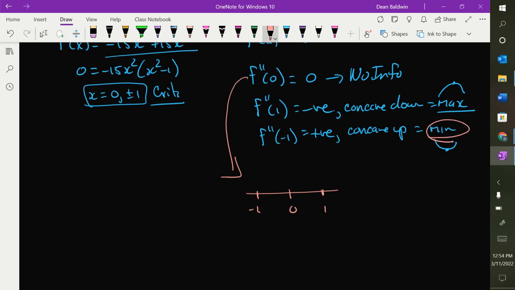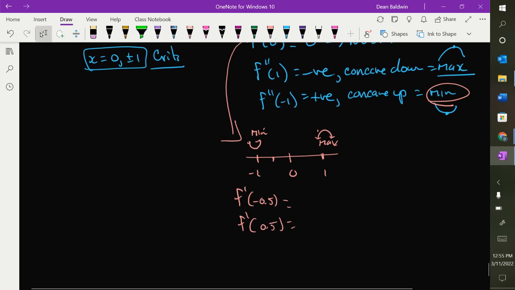So this is a min. Figured out that 1 is a max. I need to know what's happening here. So I have to test a point on either side. So I'm going to use negative 0.5, which is right there, and I'm going to do positive 0.5.